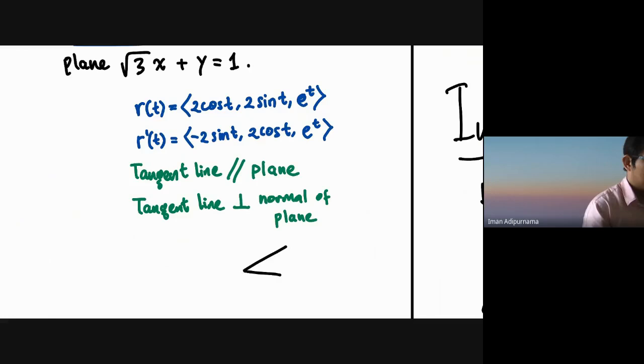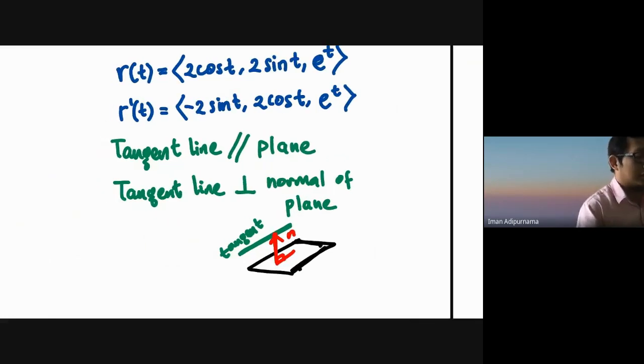If this is the plane, and let's say this is the tangent line, and now we have this normal, let's say this is n, and this is orthogonal to that. This is just an illustration for the line.